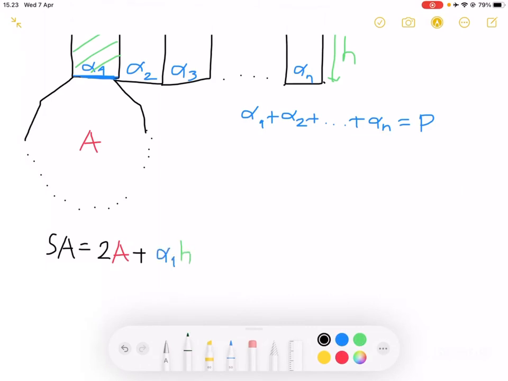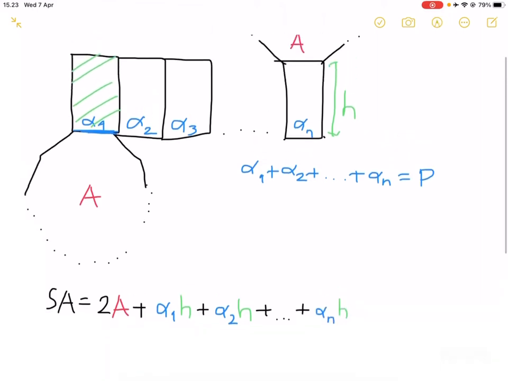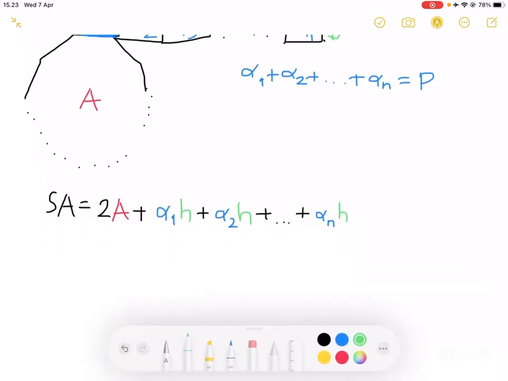And you can just do this on and on with different widths as well. So this will go on until alpha n times h. So these are the areas of the rectangles. Notice that we can just factor out an h out of this. So we have 2a plus h times the whole thing inside, which will be alpha 1 all the way up to alpha n.